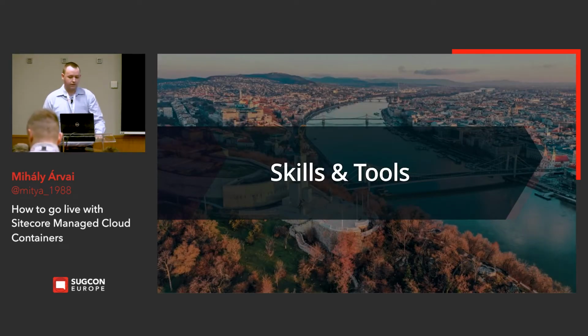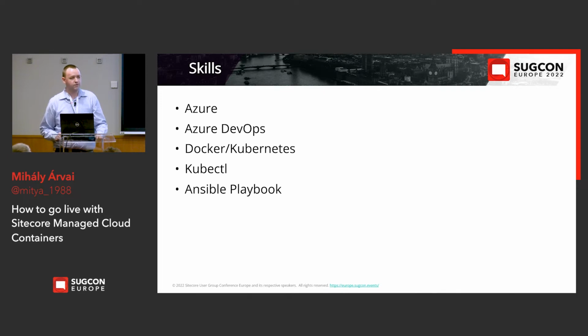Okay, so let's see what kind of skills and tools you should learn. First, of course, you need to know Azure, because there are many Azure services configured by Sitecore, the Elastic Pool, and so on.